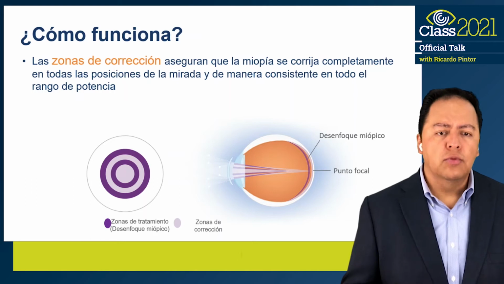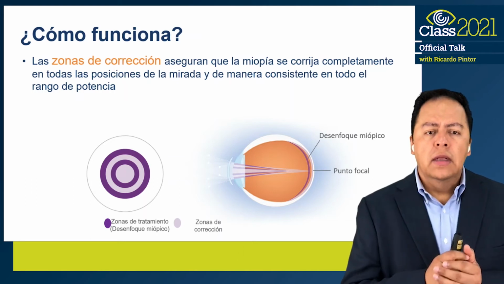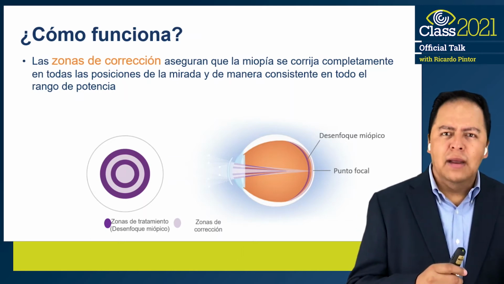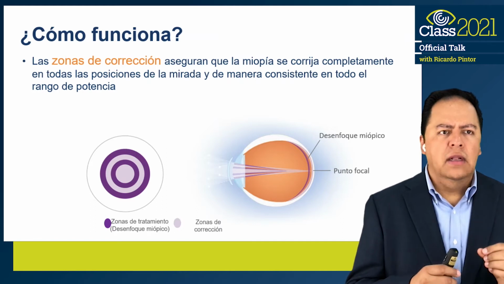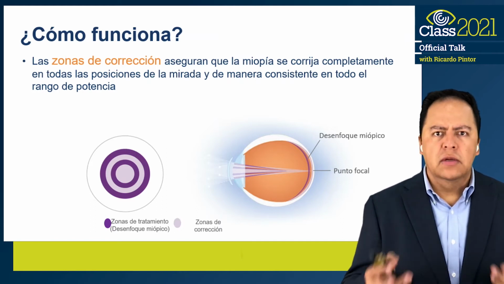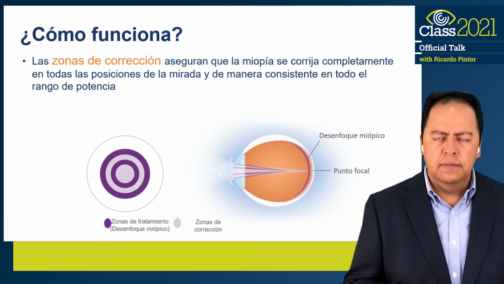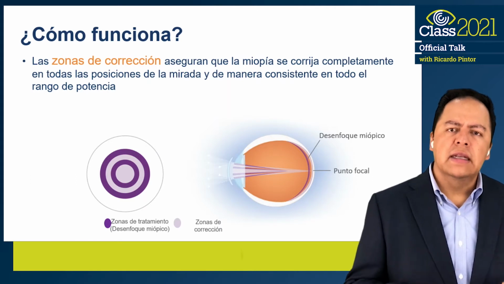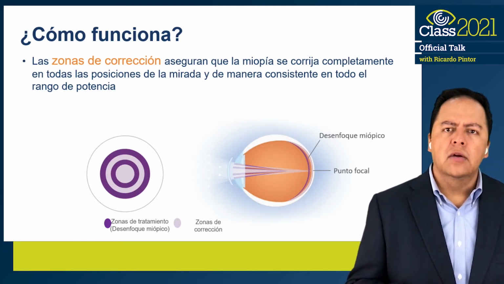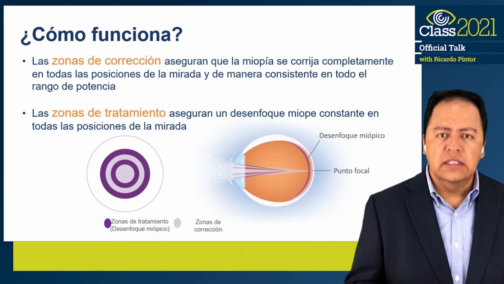Now this works through the correction zone, which we talked about at the beginning of this talk, where the refractive power is more or less 3 or 4, and this gives the patient distance vision. But there are other small areas of power in concentric rings that are called treatment areas.